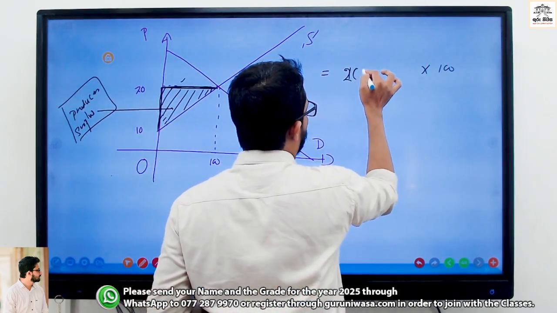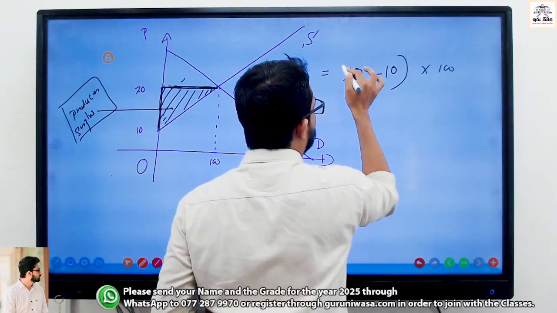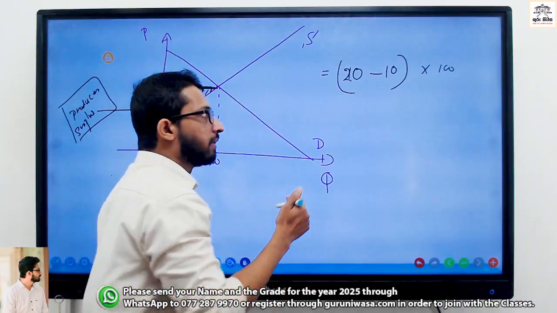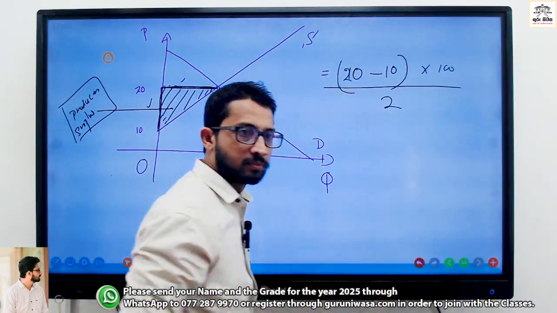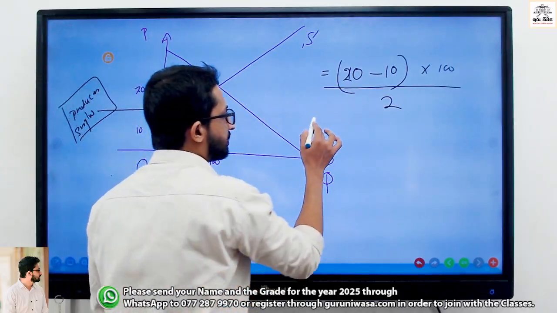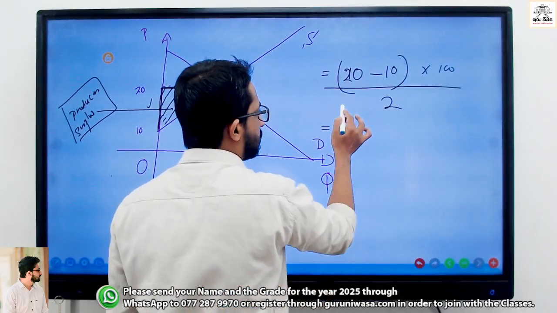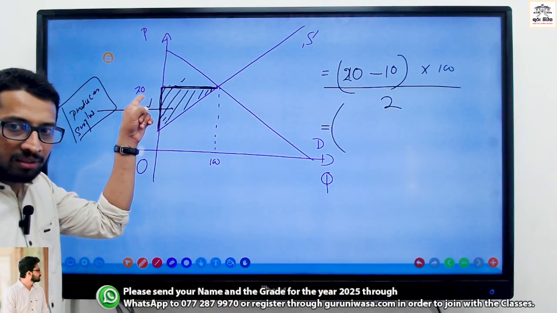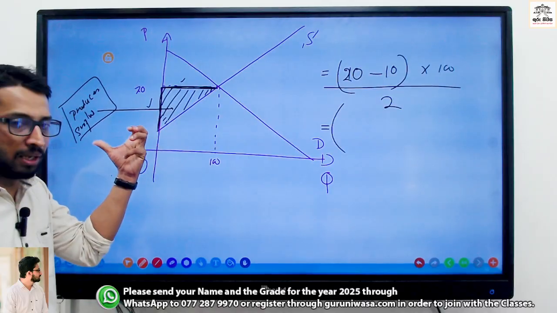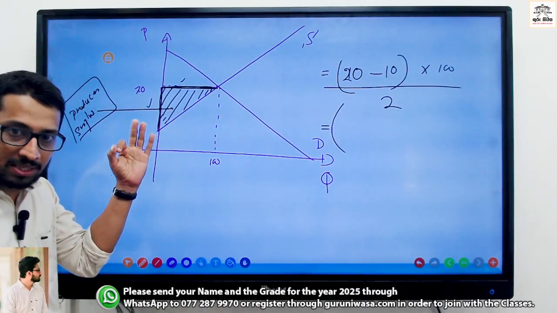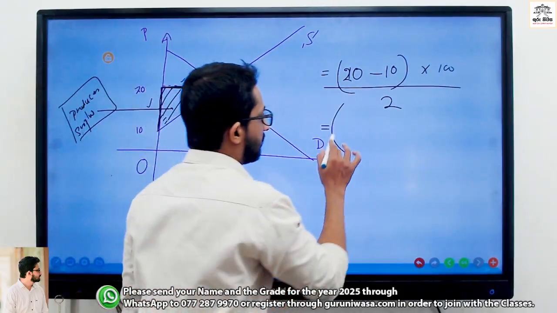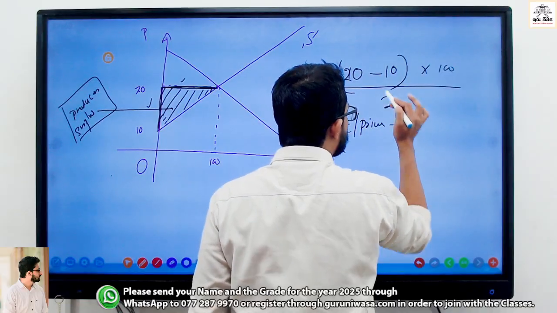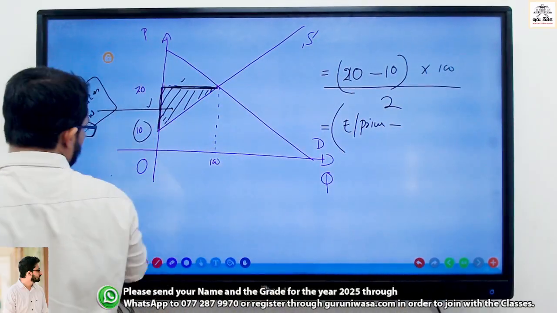Yes, then 20 minus 10, then this distance 100, and half means divided by 2. Then you can make your own equation for calculating producer surplus. What is the name for 20? Which price? Equilibrium price. So you can say equilibrium price minus 10. What is the word for 10?